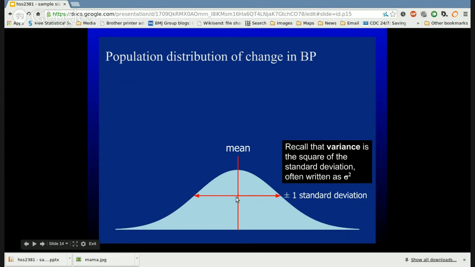The majority would change around here, or this amount, and a lesser number would change this amount, and so forth. So we have a distribution of the change in blood pressure in the population as a result of this drug, expected by those who assume the drug works. Unsurprisingly, it's normally distributed with a standard deviation of that.